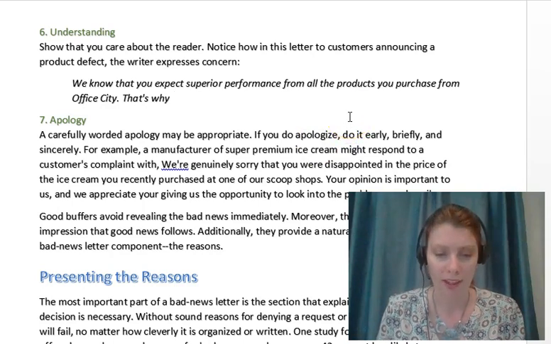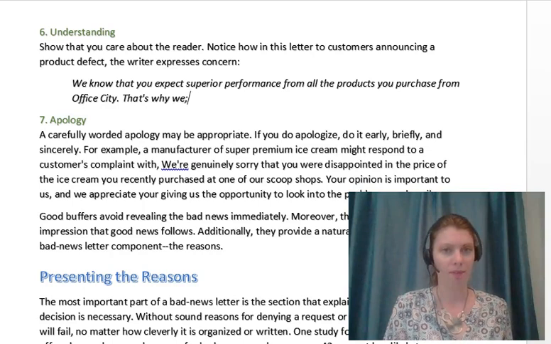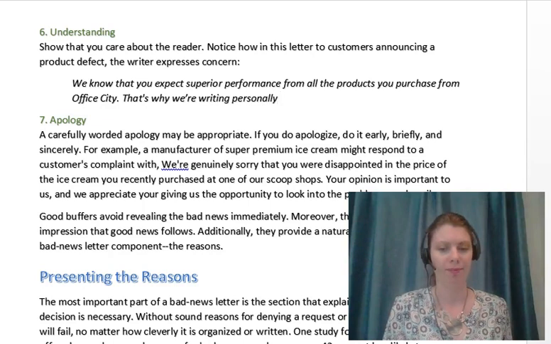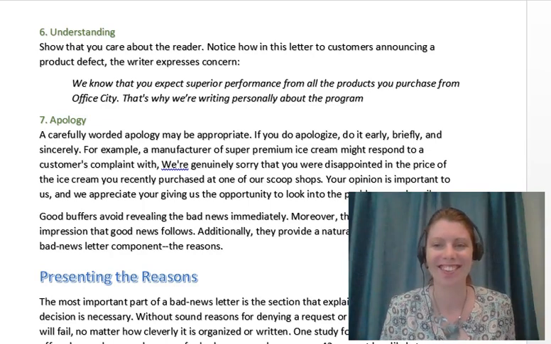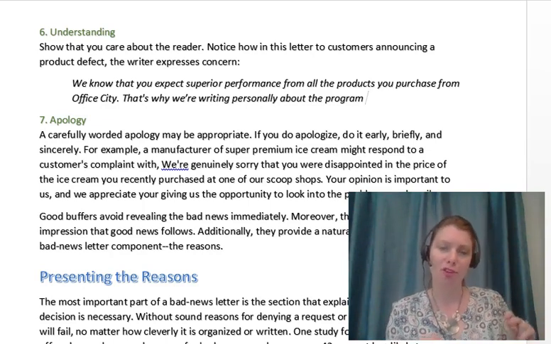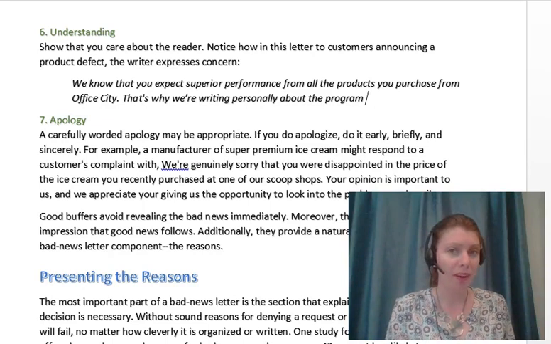That's why we're writing personally about the program. Look at the wrong example. That is why we are writing to you personally to talk to you about the program that you recently purchased.